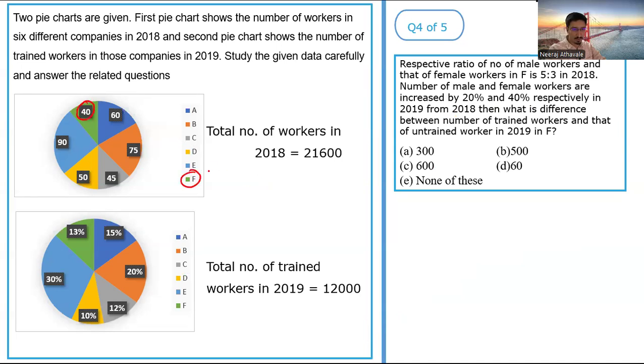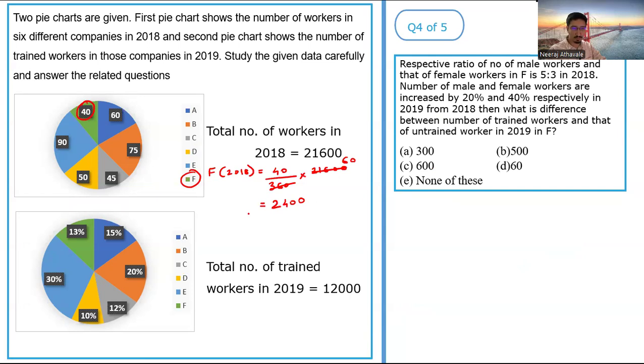So first of all, F 2018 total, it is 40 upon 360 into 21600. This is nothing but 60. So this comes out as 2400. Okay. Now this is 2400. Now let's see what do we want, male or female.